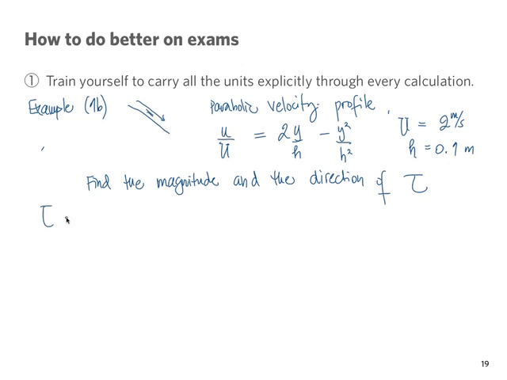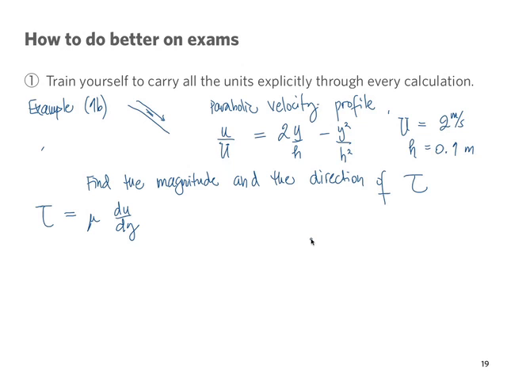Okay, so again, we have our Newtonian relationship. Tau is equal to mu times du dy. Now we are given a velocity profile, so we have to obtain du dy from that velocity profile.